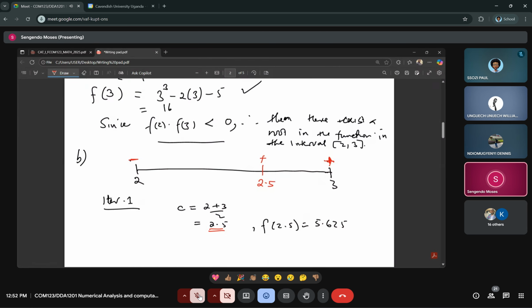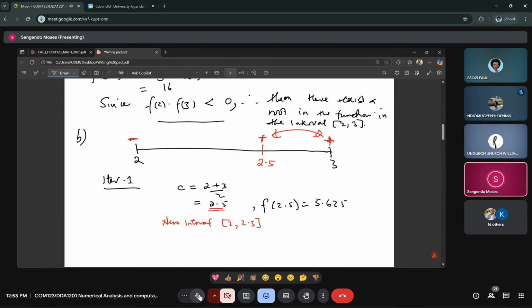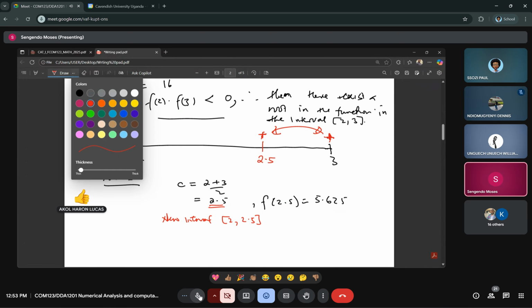What is the new interval? The new interval will now be 2 to 2.5. Why? Because this is positive here and negative here. We cannot take this one, because all of them are positive. I hope you are following. Yes, sir. Now we go to the second iteration.